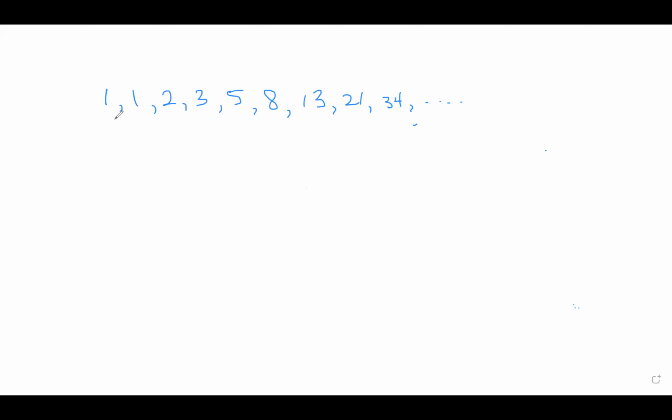And again, the pattern is this plus this gives me that, okay? And this plus this gives me this, okay? And then this plus this gives me this. And that's the pattern. This plus this gives me this term, okay? So you continue out that pattern.